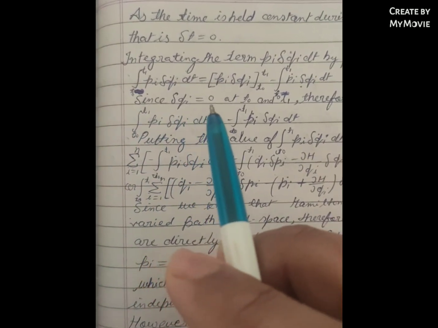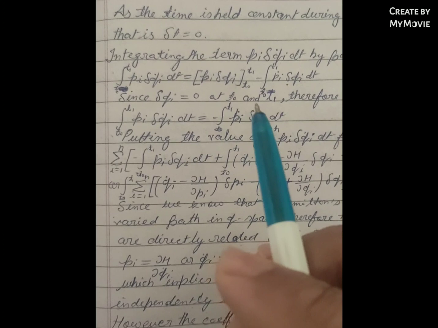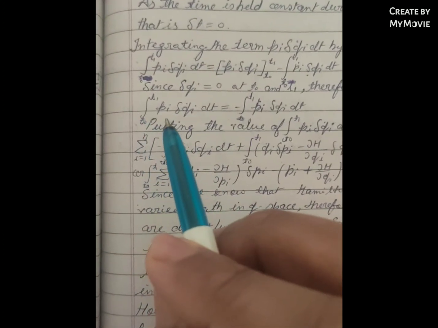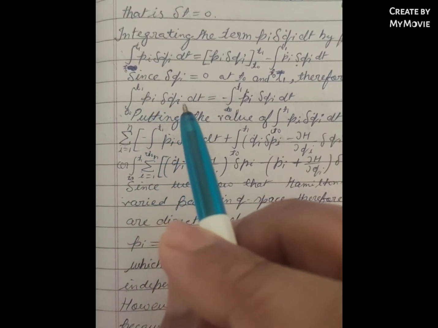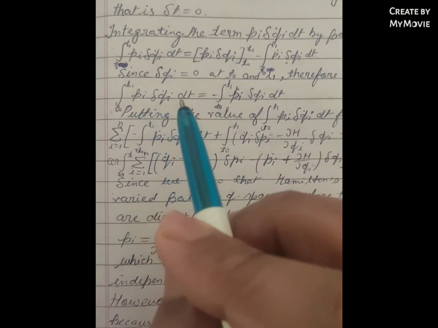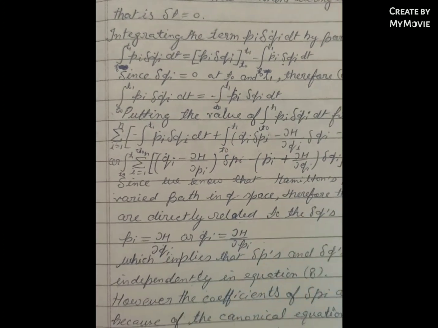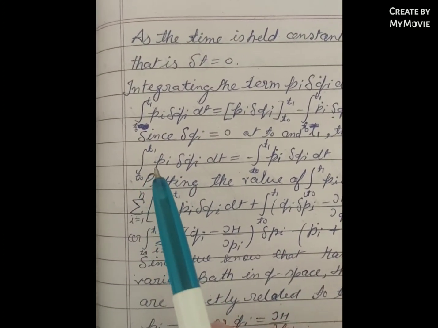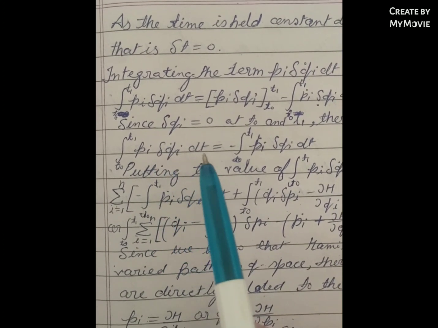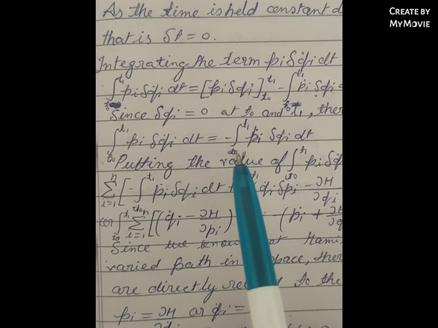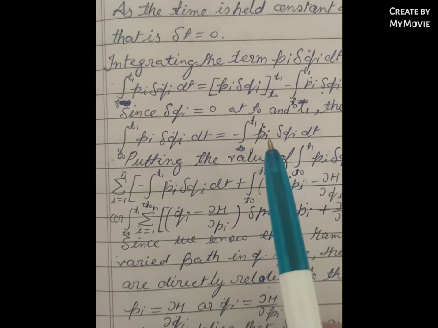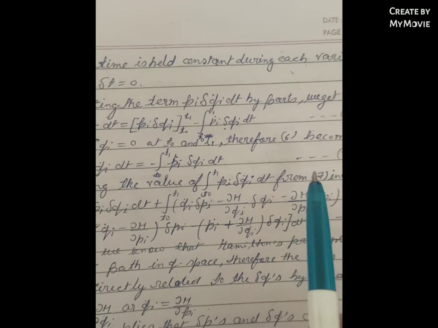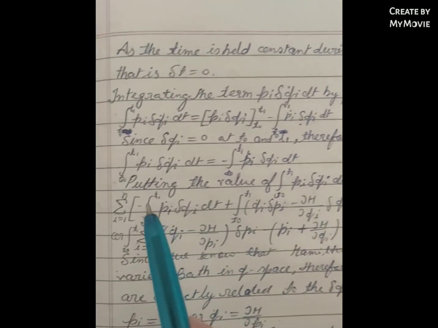Since δq_i = 0 at t0 and t1, 6 becomes ∫ from t0 to t1 p_i δq̇_i dt = −∫ from t0 to t1 ṗ_i δq_i dt. This is equation 7.